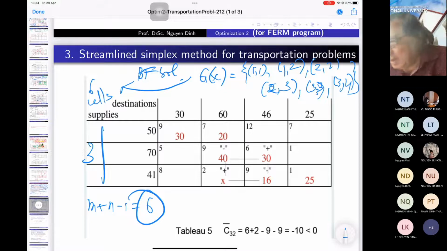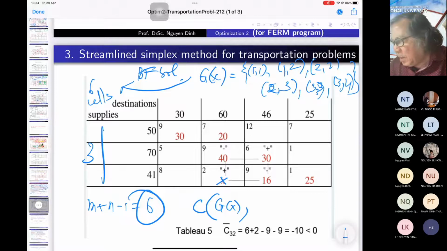Suppose you take an arbitrary cell which does not belong to Gx, like this one, cell 3,2. Then Gx and the cell 3,2 give you a cycle.